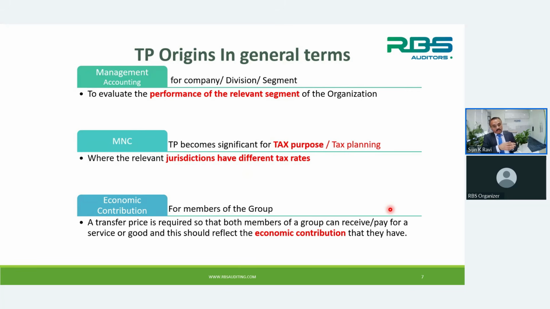It relates to which country you have to develop more. If a country has a lower tax burden, they will move the business to the different countries. So this is the general way to understand what exactly TP is.